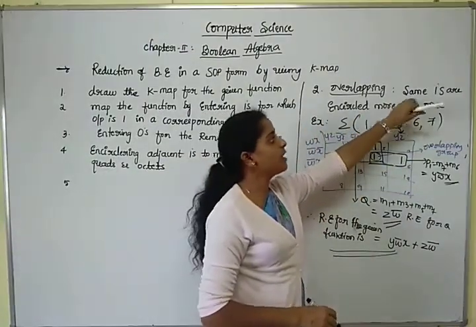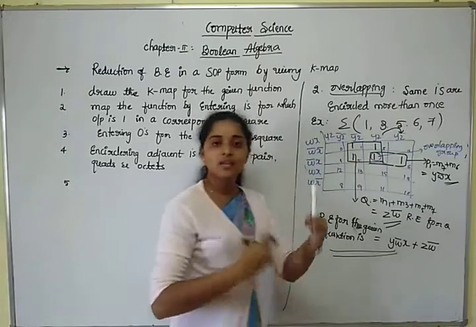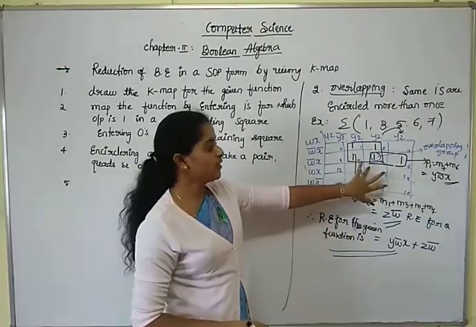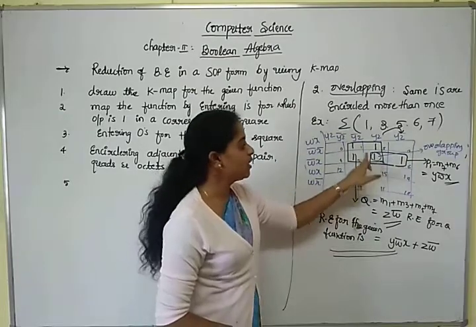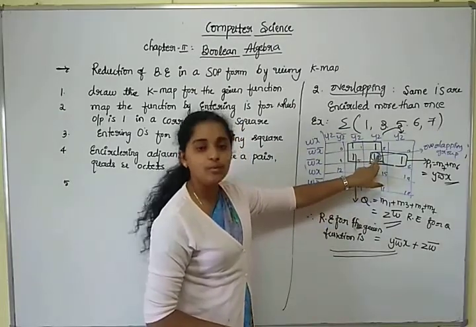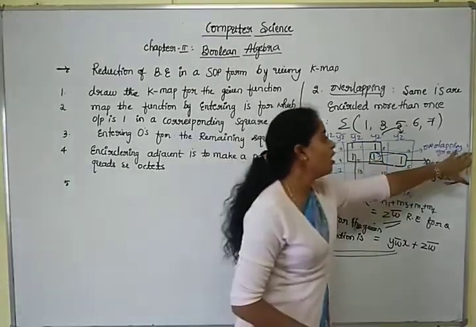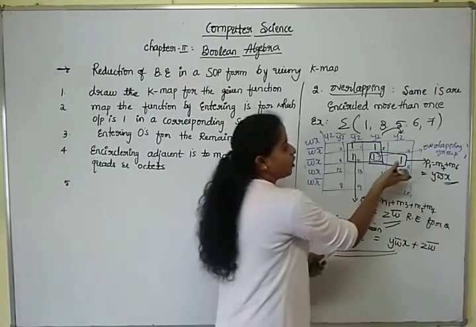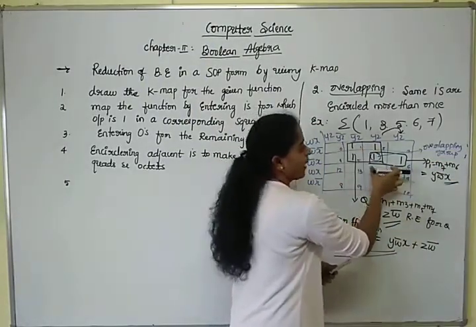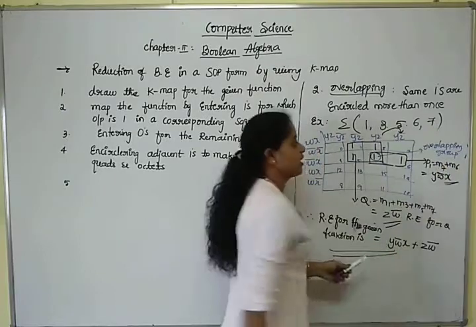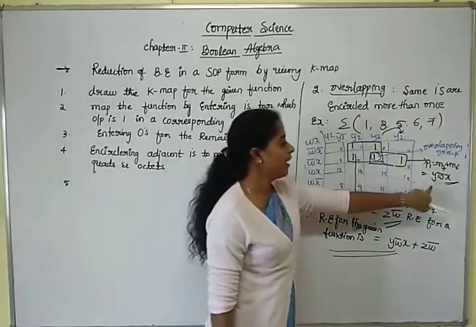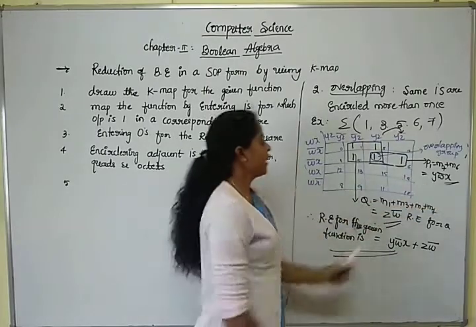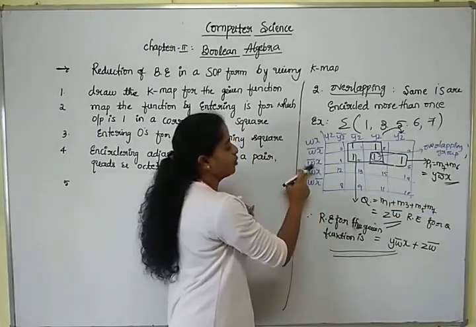Overlapping means the same ones are encircled more than once. In the given example, these ones are encircled with both groups, which is encircled more than once, hence it is called an overlapping group. Here we got one pair and one quad. In the pair, only one variable is removed because it changes its state, that is Z. So the remaining are Y, and W bar and X. This is the reduced expression for the pair. In the quad, moving horizontally Y is removed, and vertically X is removed because both change their states.